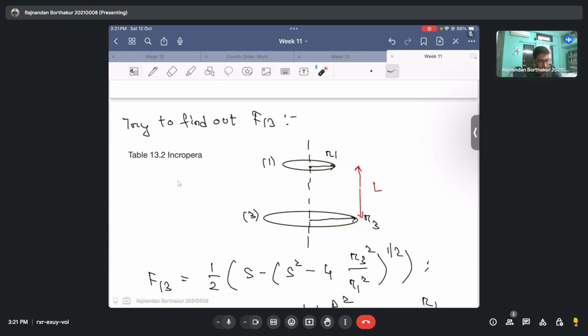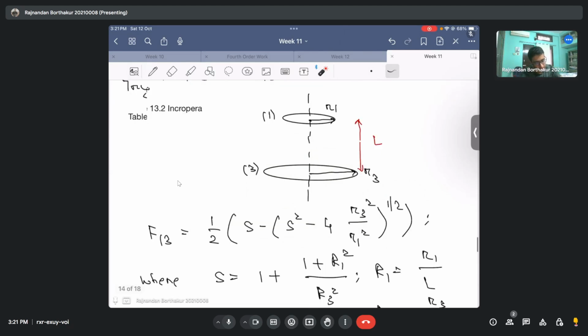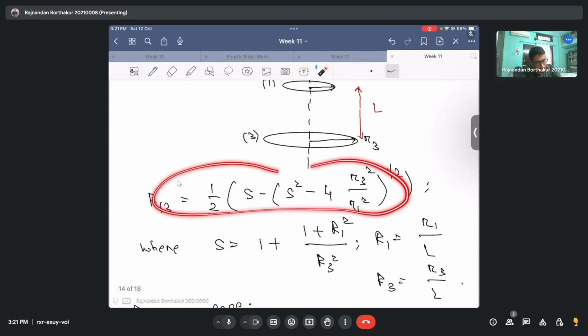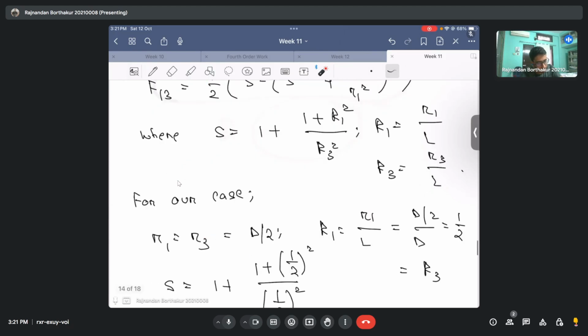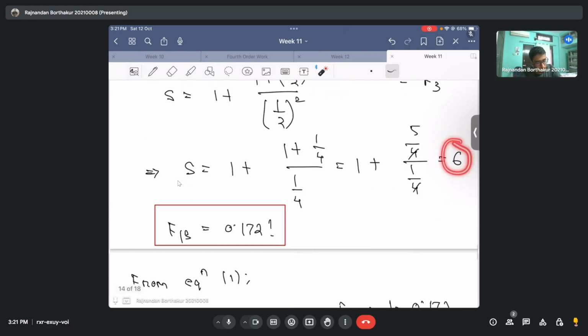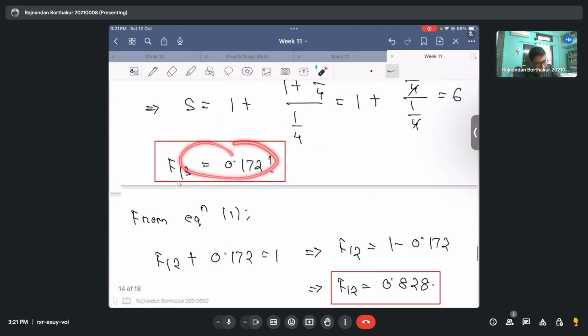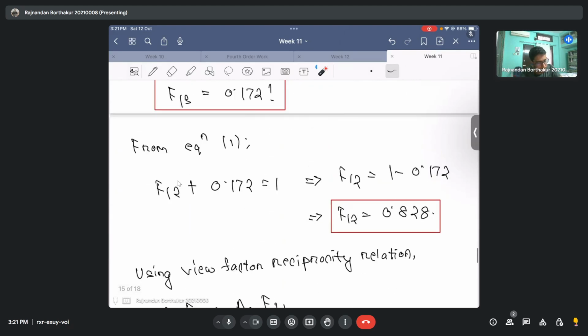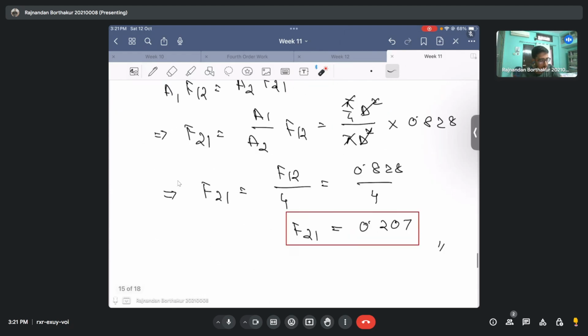That's it. And your radius is of course diameter by 2. So we used that to indirectly find the expression of F13, which was written in terms of S, where S for our case came out to be equal to 6, from which we calculated this F13, and then from the summation rule we calculated F12, and from F12 we used the view factor reciprocity to calculate this F21.